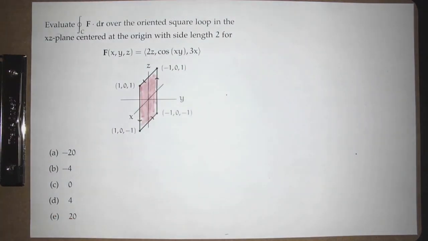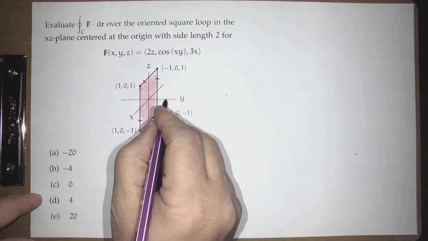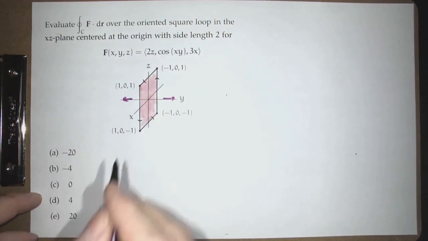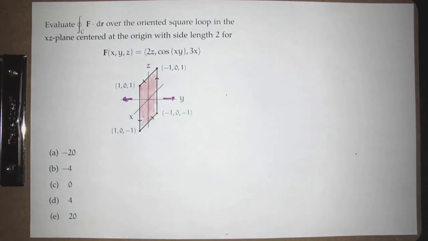Now, we need to know the orientation for this surface. It's perpendicular to the y-axis. That's not enough to know which side is the top and which side is bottom. We need to know the normals. So which way do you go? In the positive y direction or in the negative y direction? And how do you know? Are you sure?